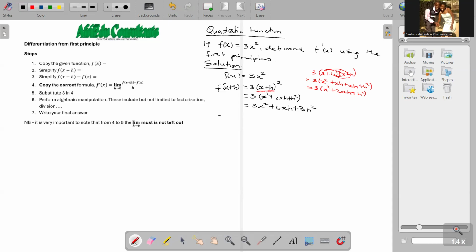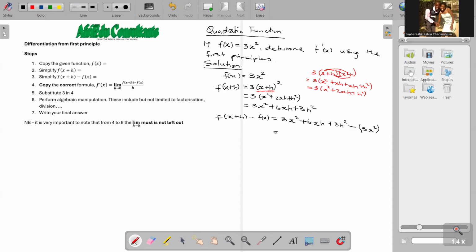Our step number 3 is going to be f(x + h) minus f(x). But this, we have it here. It's giving us 3x squared plus 6xh plus 3h squared. Then we subtract f(x), which is the given function, 3x squared.